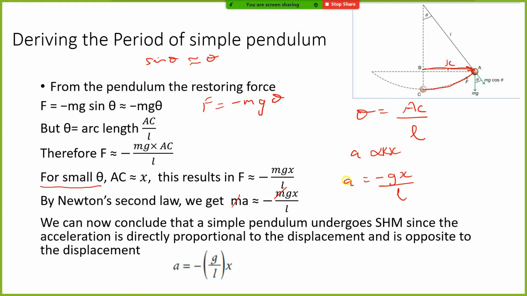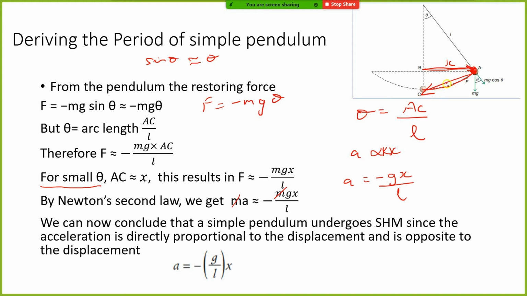Now, remember that for simple harmonic motion, the acceleration is always going in the opposite direction from the displacement. So if the object was displaced from the equilibrium position to the right, then the acceleration will be going in the opposite direction.